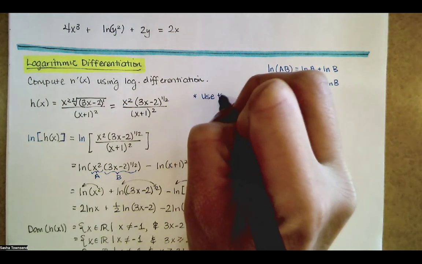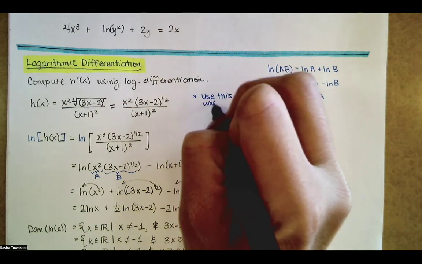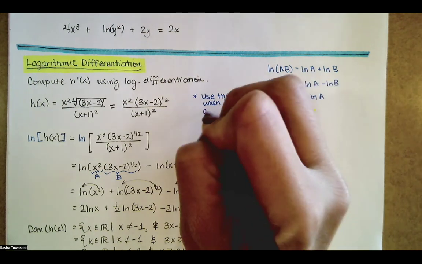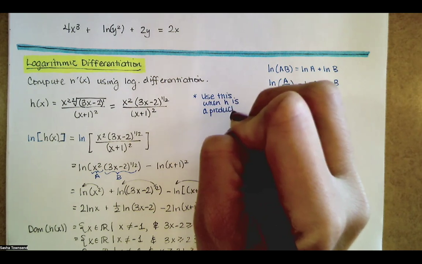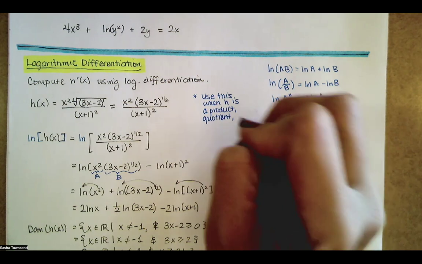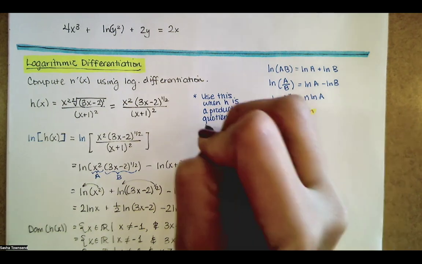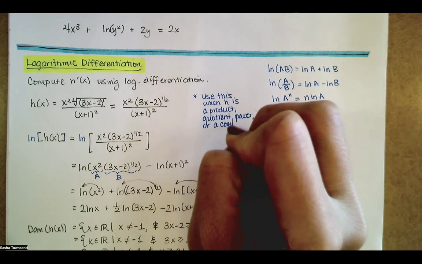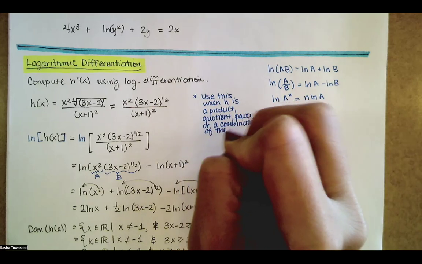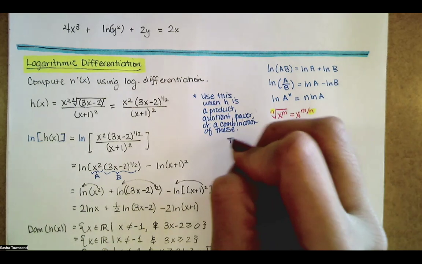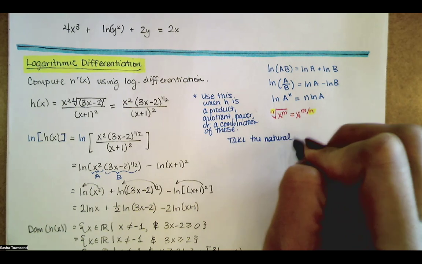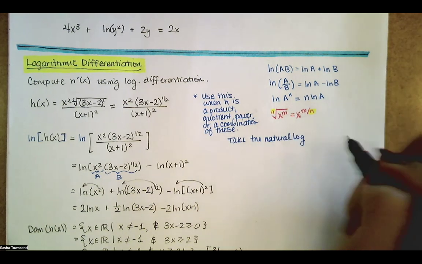So use this when the function that you're interested in is a product, a quotient, a power, or a combination of those. And then how do we do it? We take the natural log of both sides. Or you can use log base 10. I have a tendency to use natural log.